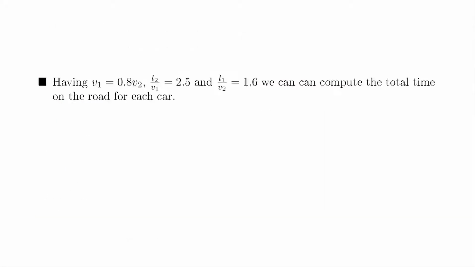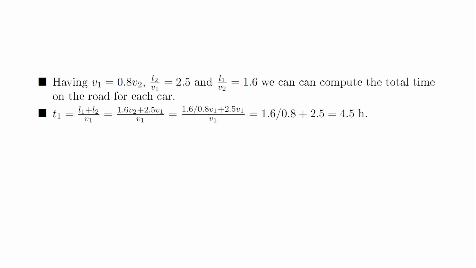Let's clean up. Having computed V1 equals 0.8 V2 and the input from the problem's formulation, we can compute the total time on the road for each car. The time for the first car is equal to the total distance, L1 plus L2, divided by V1.